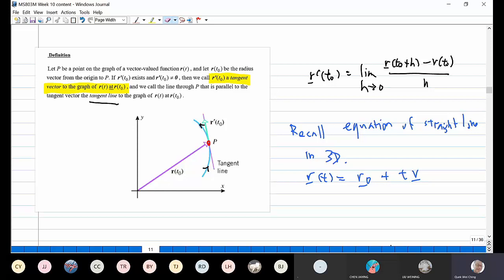This point r0 is a fixed point. Maybe in this case r0 is r at t0. So r(t0) is r0, the fixed point.